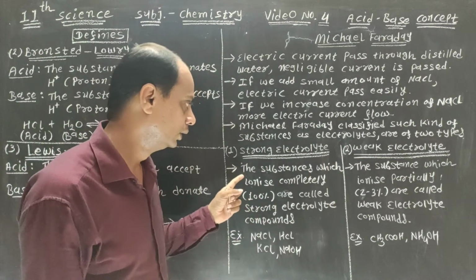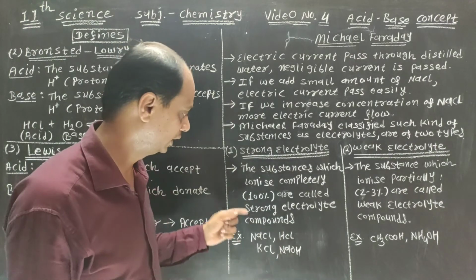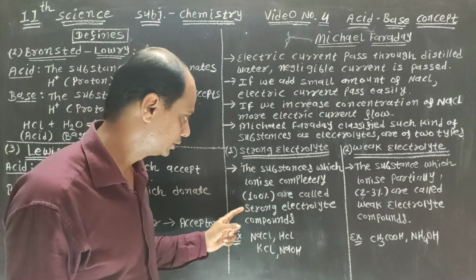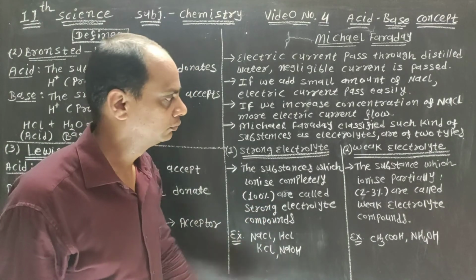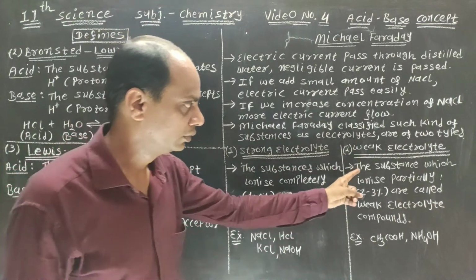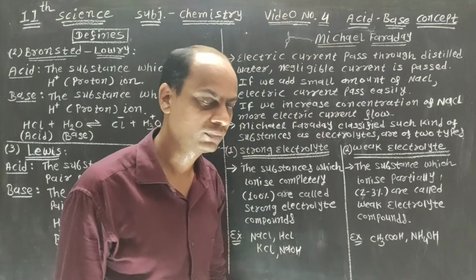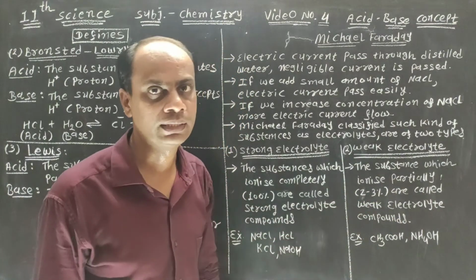Strong electrolyte: the substance which ionizes completely, 100%, are called strong electrolyte compounds. Weak electrolyte: the substance which ionizes partially, which means just 2 to 3%, are called weak electrolyte compounds.